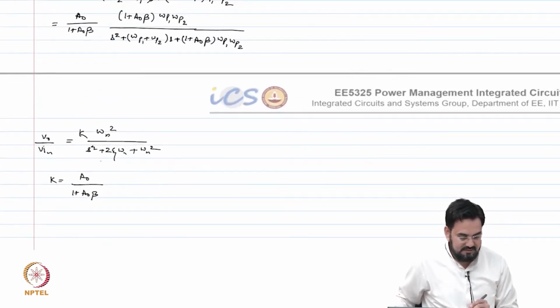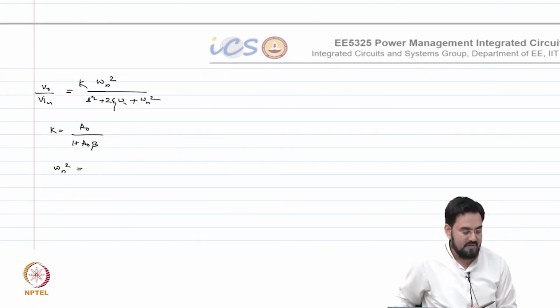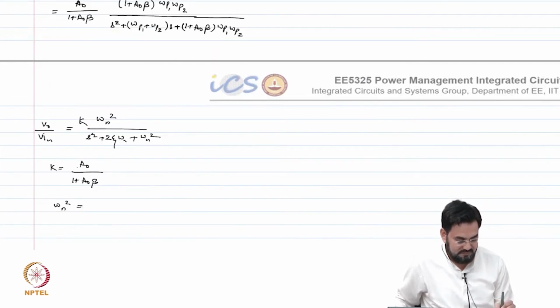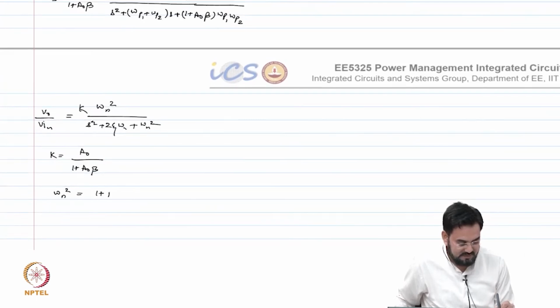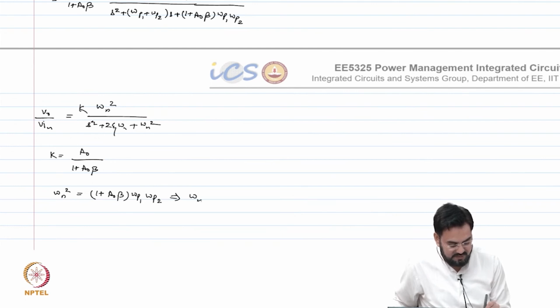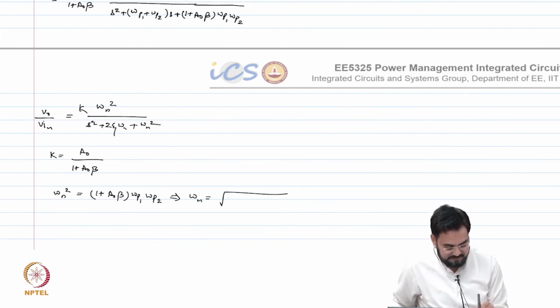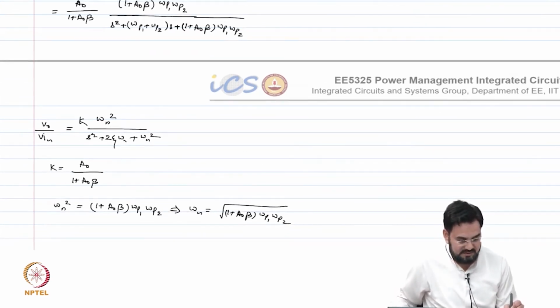So, what is zeta? What is omega n square? Square root of 1 plus A naught beta, omega p1 omega p2, which implies omega n equal to square root of that, and zeta.